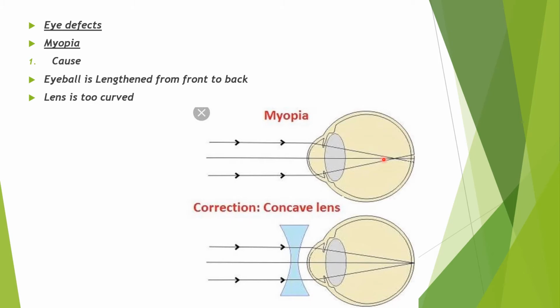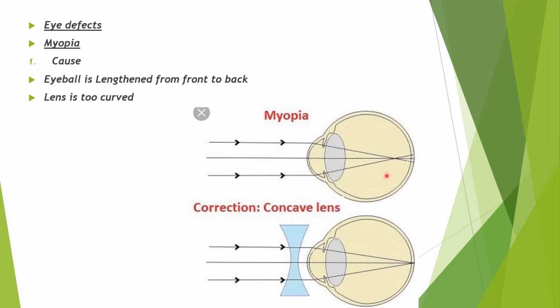Now, there could be two reasons for this. One, the eyeball has lengthened from front to back, so the rays are not able to reach the retina. And the second thing is the lens has become too curved, bringing about their convergence in the vitreous humor.